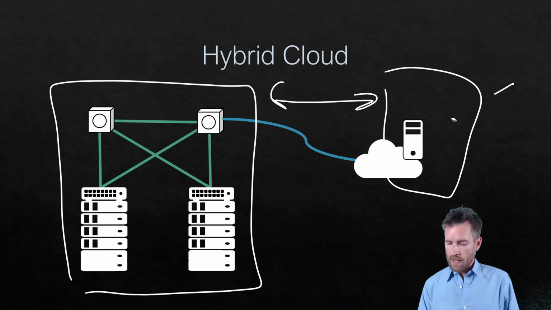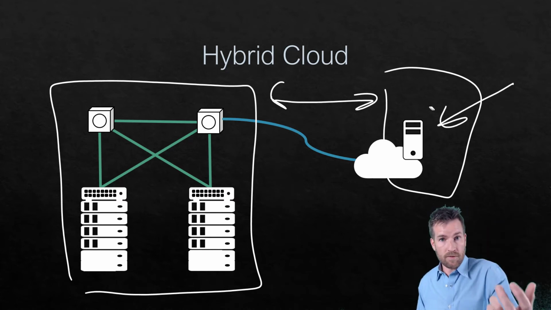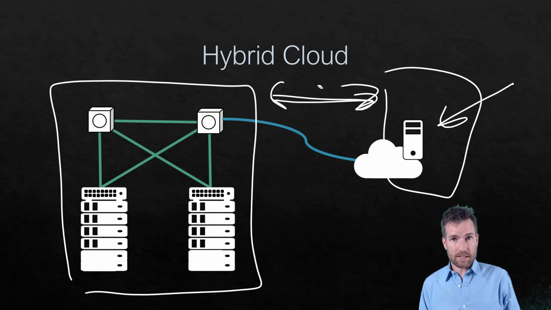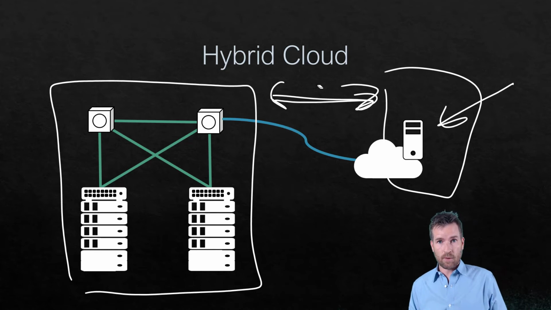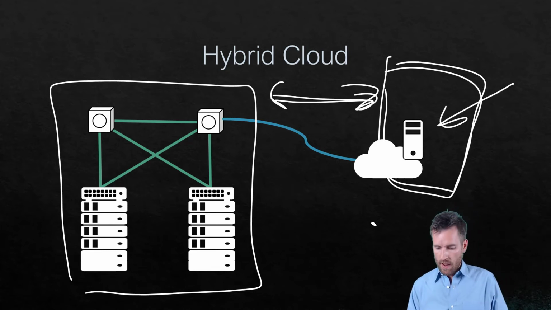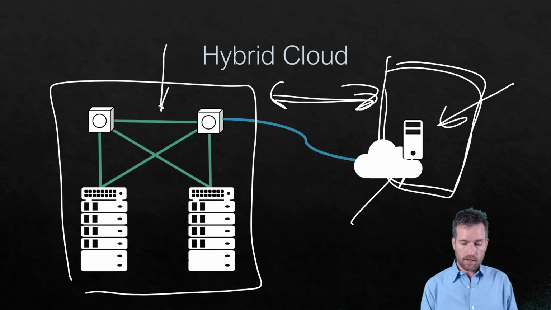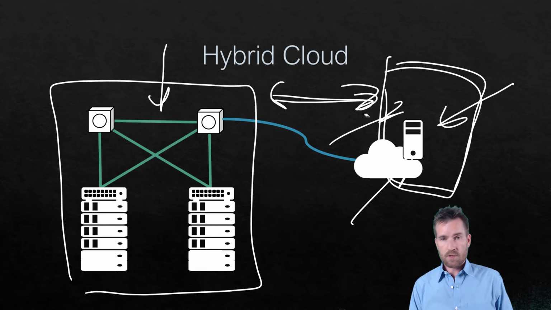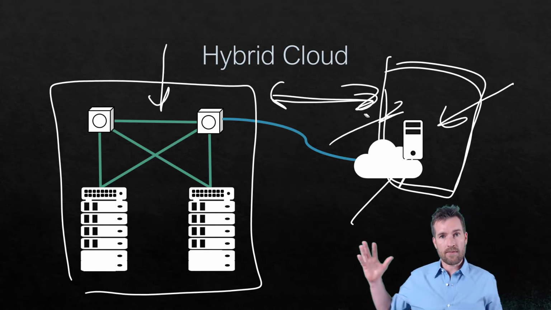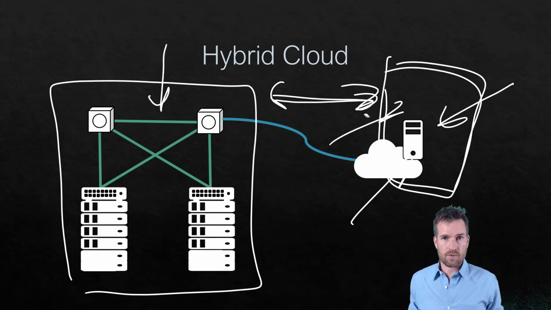So perhaps you have some user-facing services out there in the cloud, or perhaps you just back up to the cloud and use it as some sort of backup, or have some sort of hot site or warm site, or you have duplicate equipment in the cloud. So if something goes awry with your internal equipment, you can turn it up. So somehow you're straddling between the private cloud and the public cloud, and you have resources that are shared amongst those two systems.